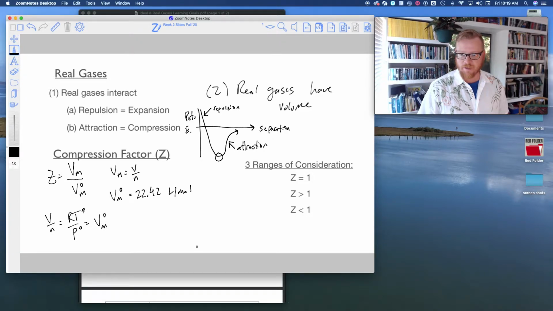So that's 273 K and 1 atm, that I would get that 22.42 liter per mole. So now that means I can say, well, then the Z, because Z is Vm over Vm naught, then that's going to be P, and I'm not going to put standard, this is just whatever the pressure is, times Vm divided by RT. Okay? So, keep in mind, now this P and this T are just whatever the observed pressure and temperature are. Okay?